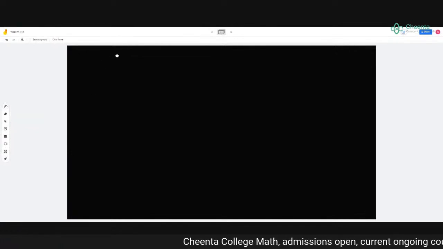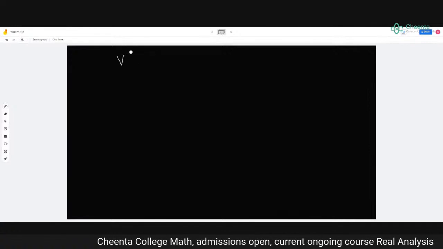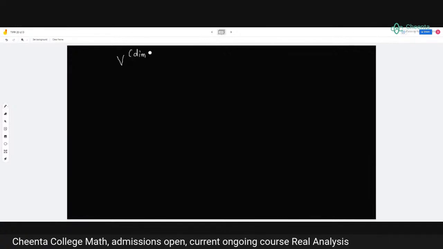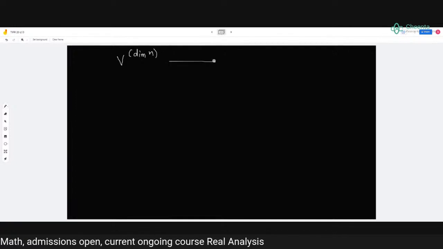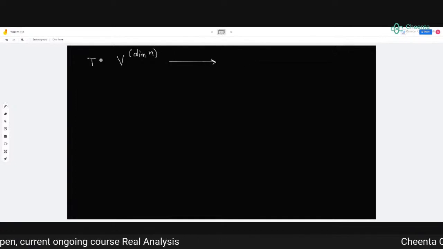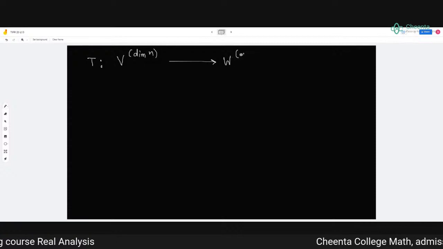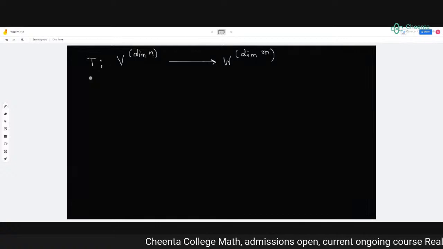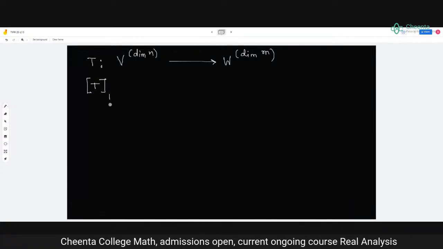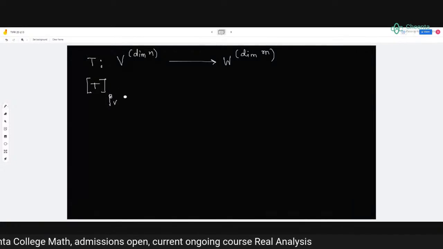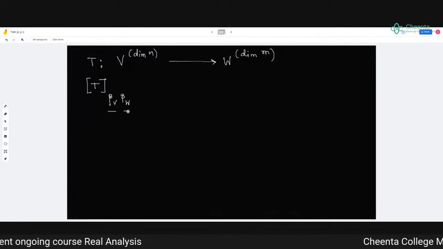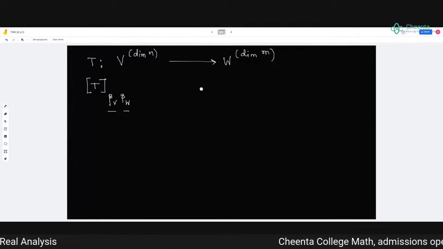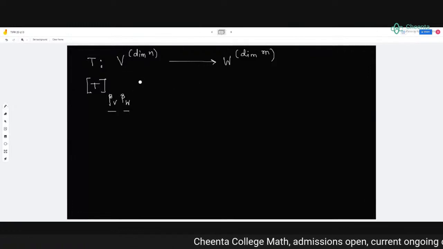The first thing is that if you take any vector space of dimension n and any linear transformation t from that dimension n vector space to a dimension m vector space, then with the choice of bases, let's say beta v and beta w, the sets of basis vectors of v and w, there is an equivalence.